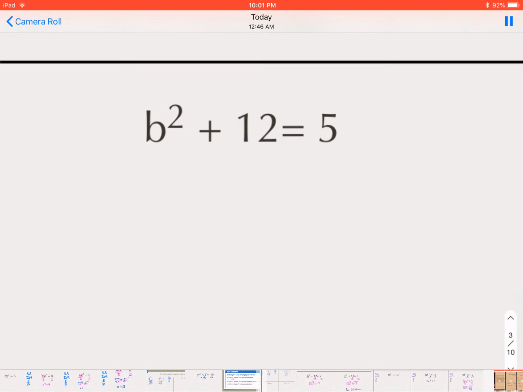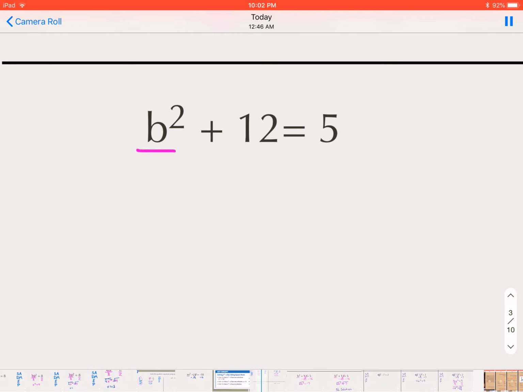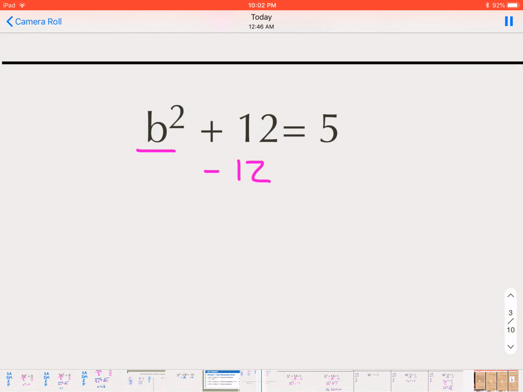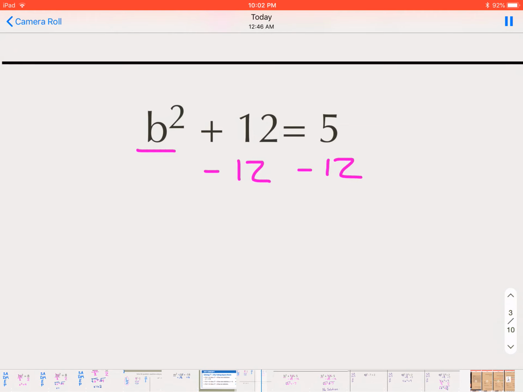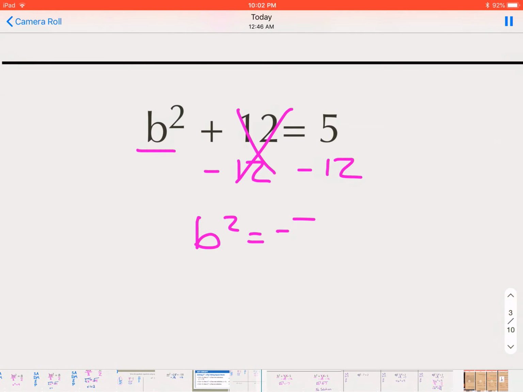Step 1, I find my variable. There it is. I do PEMDAS backwards, so I do SADMEP. Do I have any subtraction or addition? Yes, I do. So I need to get rid of that positive 12 term by subtracting 12 from both sides. I'm left with b squared equals negative 7.